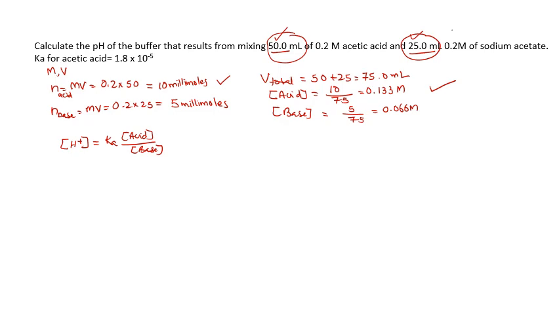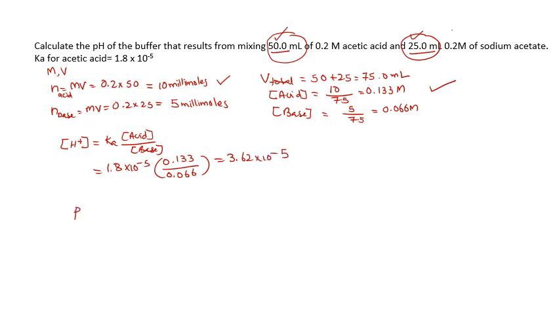So Ka is given, since it is acetic acid, 1.8 times 10 to the power negative 5, and the new concentration of acid is 0.133 divided by 0.066, that equals 3.62 times 10 to the power negative 5.